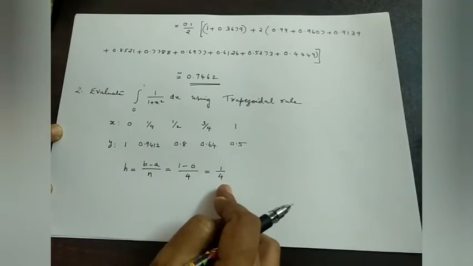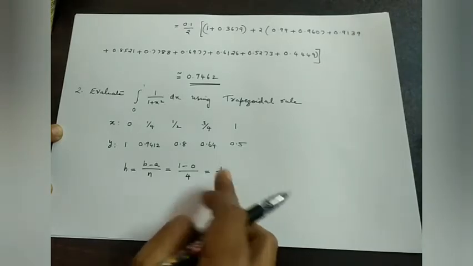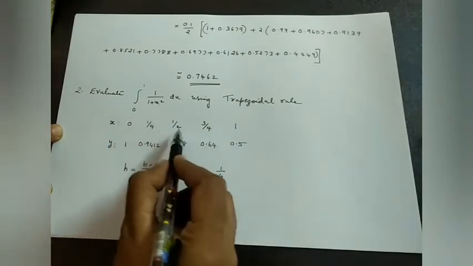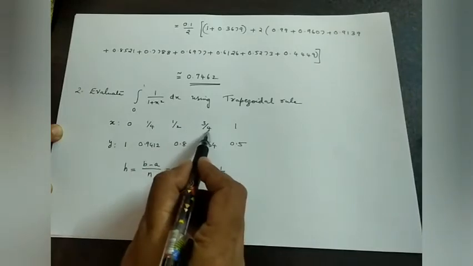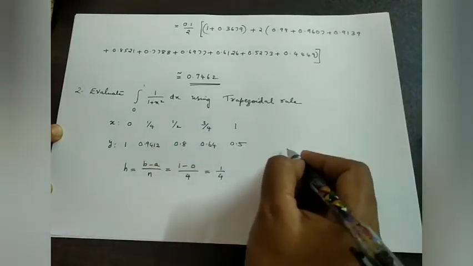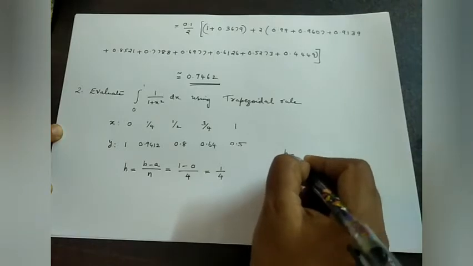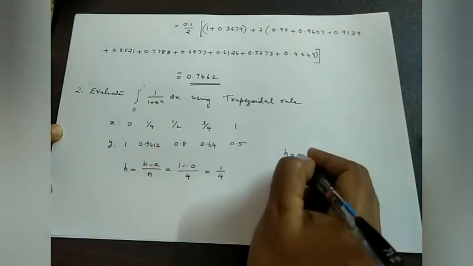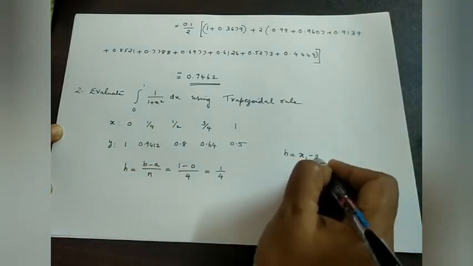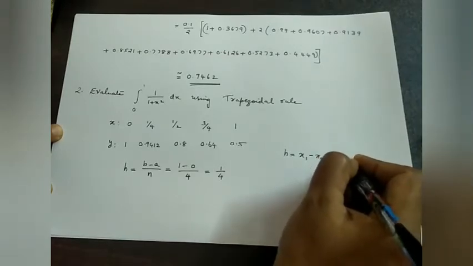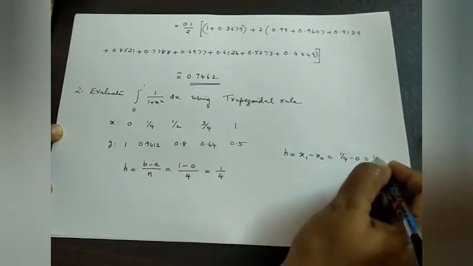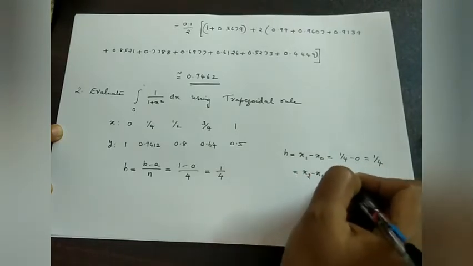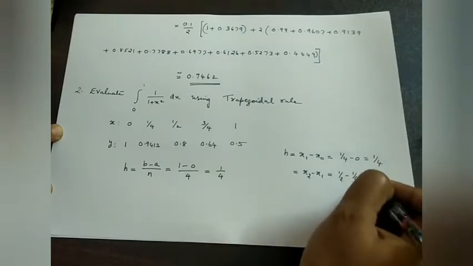H can also be found as the difference between two consecutive values of x. Taking the first value as x0 and the second as x1, x1 minus x0 is 1 by 4 minus 0, equal to 1 by 4. Or it can be x2 minus x1, that is 1 by 2 minus 1 by 4, which is also equal to 1 by 4.